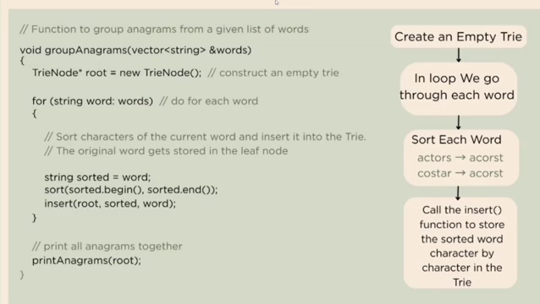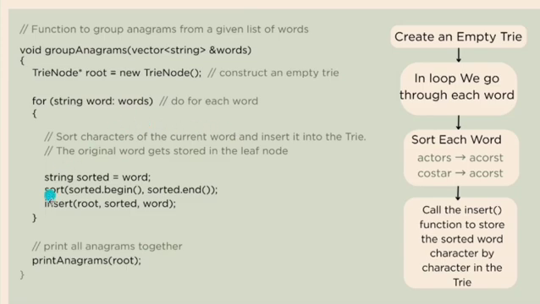In this part of the code, the group anagram function is used to group all anagrams from a given list of words. First, we create an empty tree to store the words. Then, for each word, we sort its characters alphabetically. For example, actors becomes ACORST and coaster becomes ACORST. Sorting helps us identify words with the same letters.